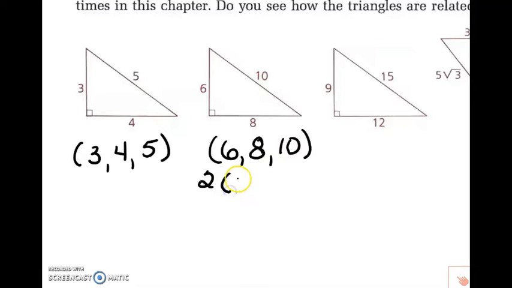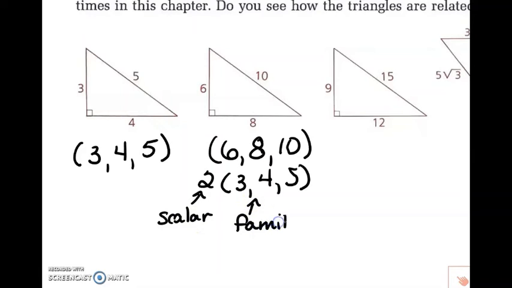If I factor that 2 out, 6 divided by 2 is 3, 8 divided by 2 is 4, and 10 divided by 2 is 5. So this is also a scaled version of a 3, 4, 5 right triangle, where 2 is the scalar and 3, 4, 5 is the family of right triangles.